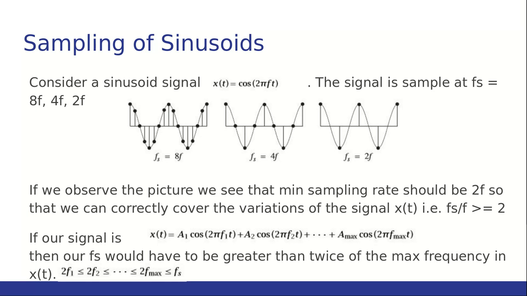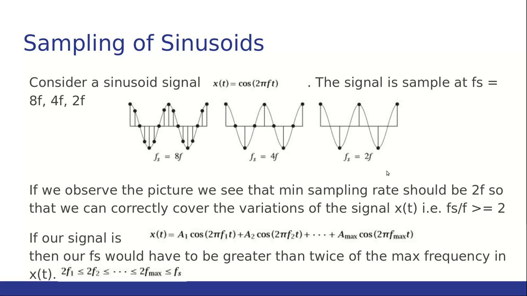Now let's discuss sampling of sinusoids. The two conditions for the sampling theorem, the band limitedness and the minimum rate for choosing fs, can be shown using sinusoid signals. Consider a signal x(t) equal to cos 2 pi f t. The signal is sampled at different fs, 8f, 4f and 2f, as shown here.